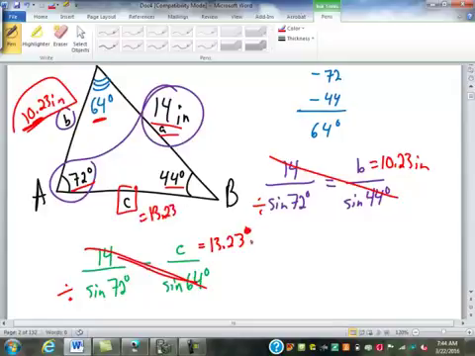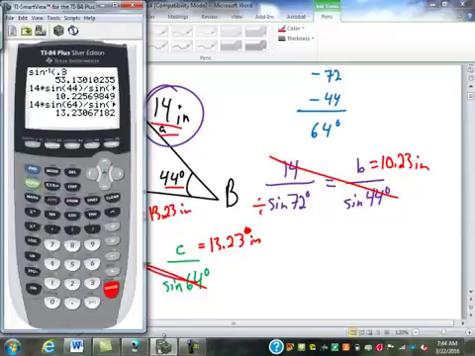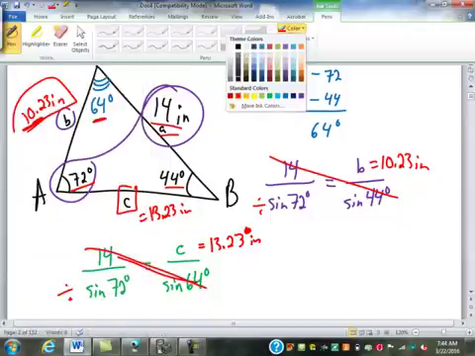It's not degrees, it's inches. Sine of 72. Did it work? Yeah.